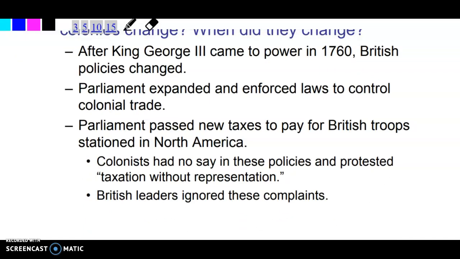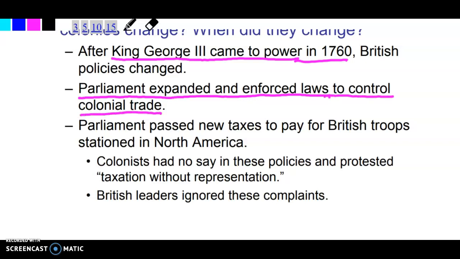The problems began after King George III came to power, which was in 1760. He enacted British policy changes. What that did was that it meant that Parliament, which remember is the form of government in Britain, expanded and enforced laws to control the colonies' trade.